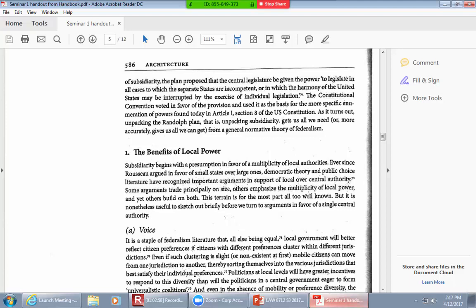This is in relation to drafting what came to be known as the Randolph Plan, a blueprint for the US Constitution. The first point, they said, we want to actually move the powers to this federal or central legislature, where the states are incompetent doing so. Okay.